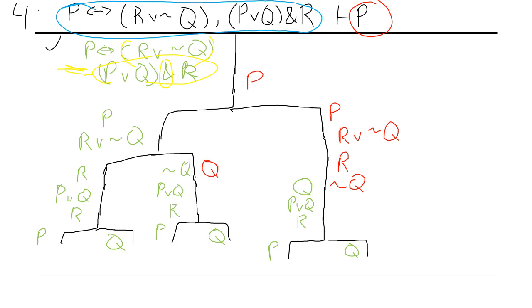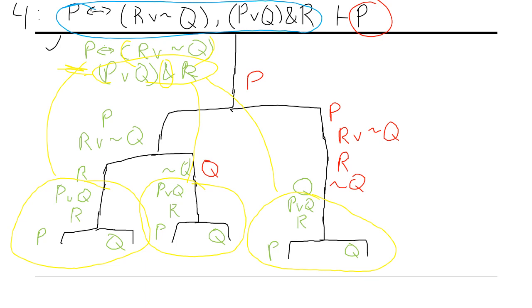So all of this looks the exact same. Why does it look the exact same? Because we're breaking down the same exact premise in every single branch. That's why it all gets repeated. But it has to get repeated in every branch.